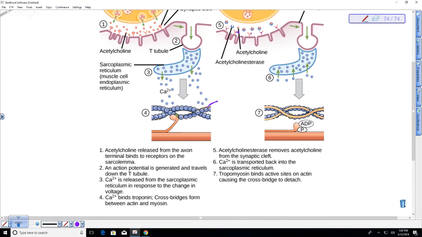If calcium is present, it allows the binding sites to be present so that binding can occur and the filaments can slide. Okay, so the calcium binds to troponin, and this allows for the formation of what they call a cross bridge.